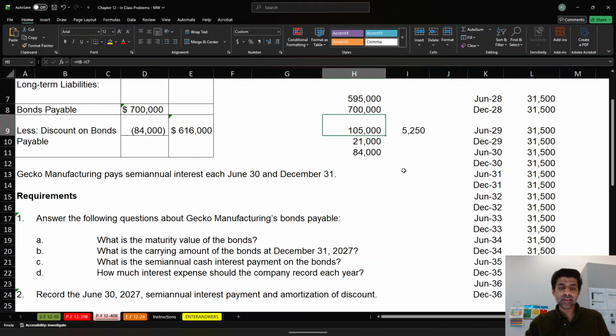The reason is we're going to have to pay an extra 105 on the back end, but we're just splitting that extra amount up evenly as an expense over the bond's life. This 105 is like an extra interest. So you have to conceptually understand what's going on here. We're getting 595,000 up front because we issue at a discount, but we're paying 700 on the back end. Okay, so hopefully that's clear by now.